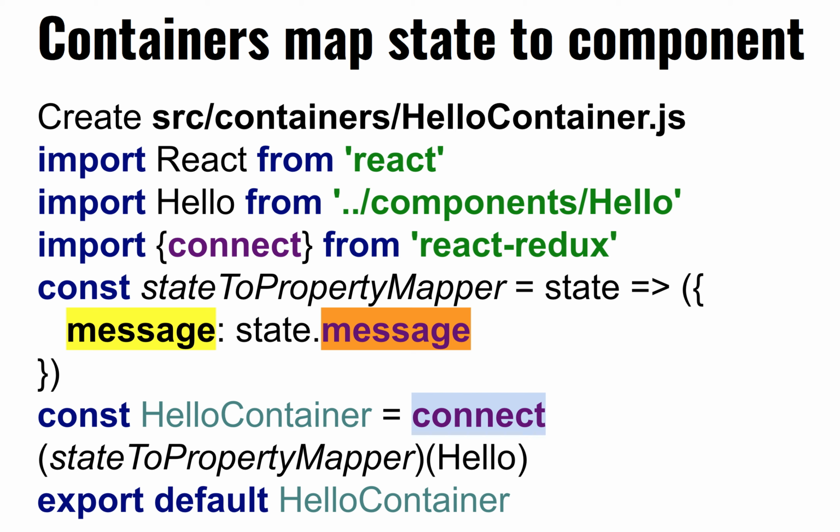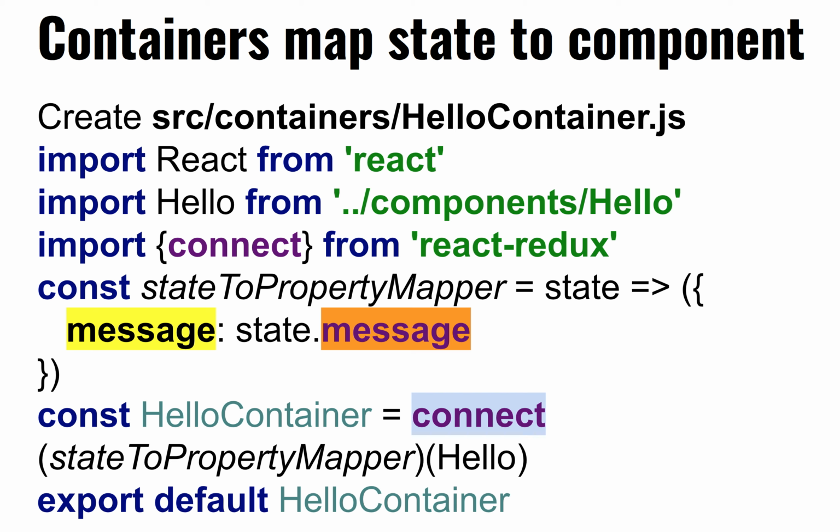So the state to property mapper takes as argument a state. Somebody is going to give it the state that the reducer generated, the message hello, message world or something. There it is. This one is containing the message.